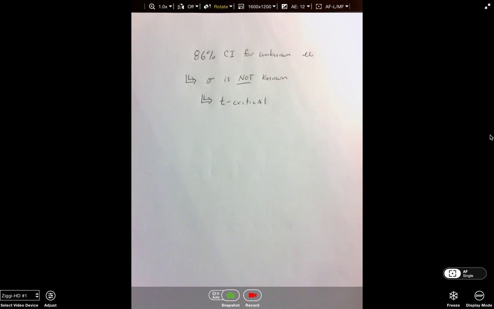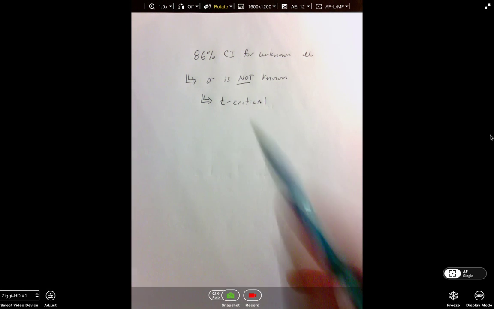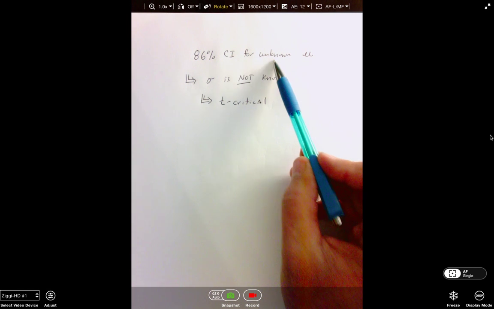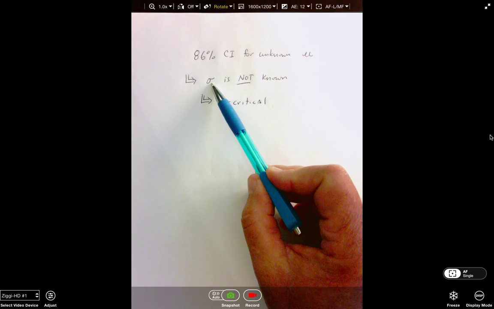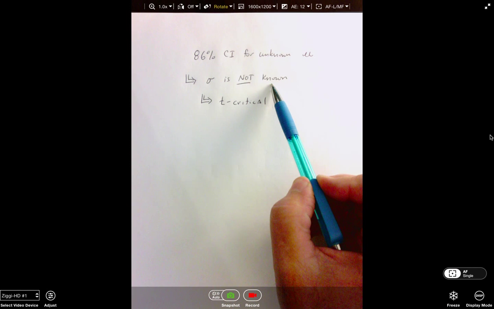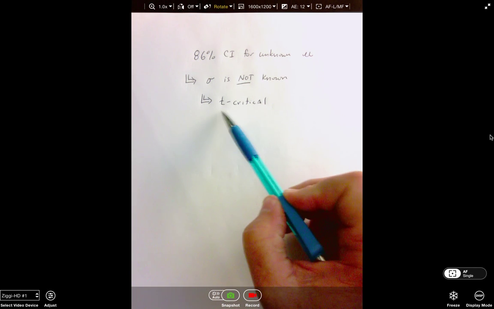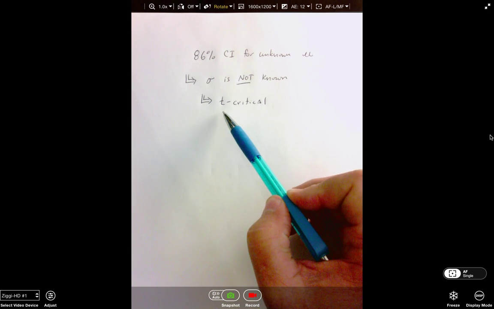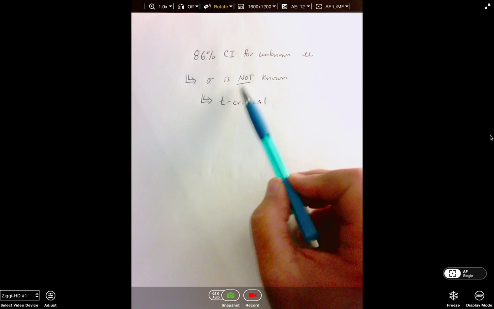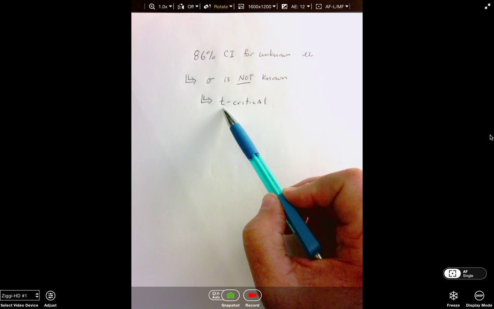So we need now to find the t-critical, because guys, when we're estimating an unknown population mean and the population standard deviation is not known, which is typical, and guys, the t distribution is by far more commonly used in research than the z. But anyway, if it's not known, we use the t-critical.